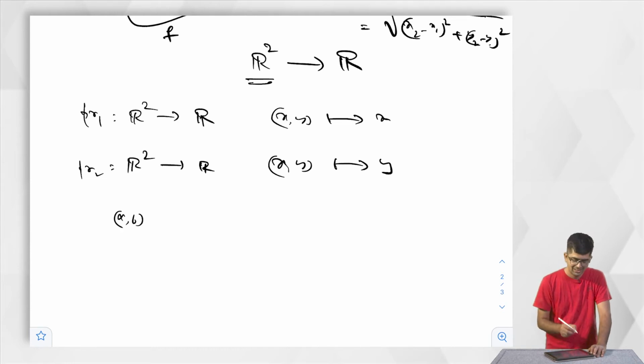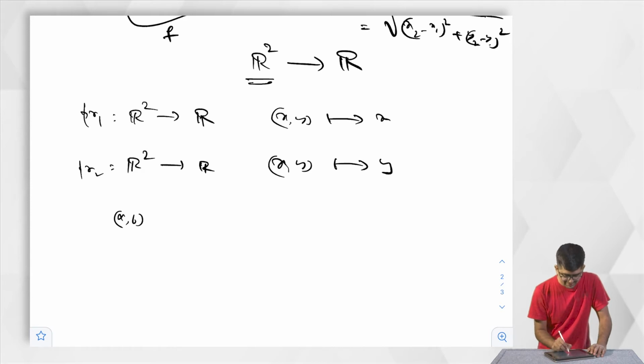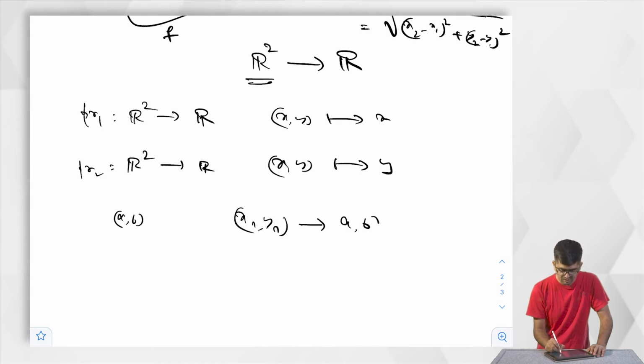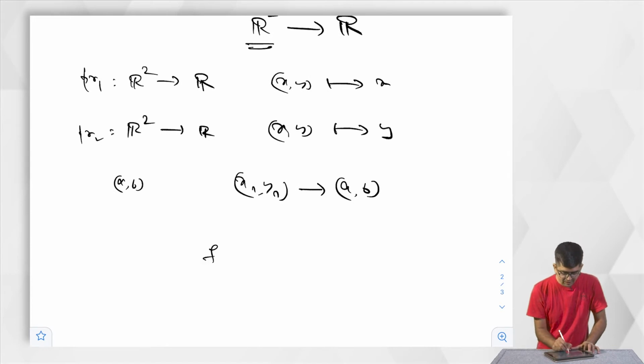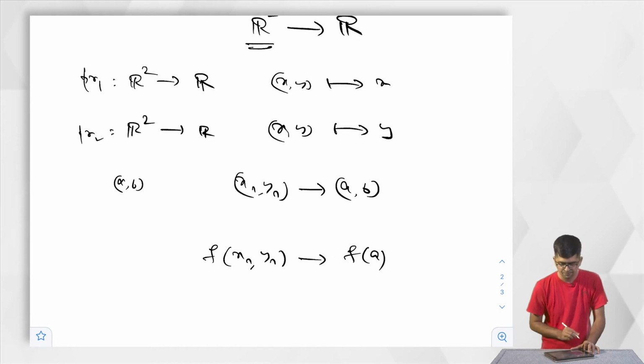Now we are checking. Suppose there is a sequence (xn, yn) in R2 that converges to (a, b). Then we are asking if the corresponding image f(xn, yn) converges to f(a, b). Now what does it mean to say this is convergent?